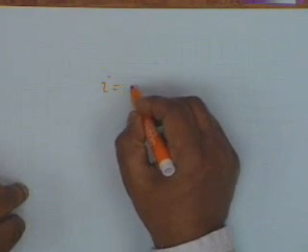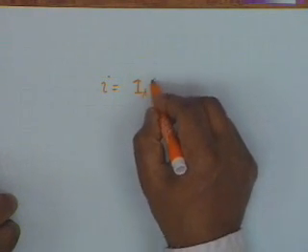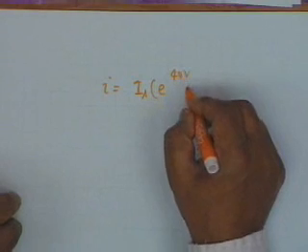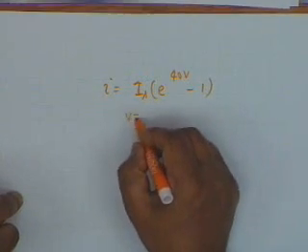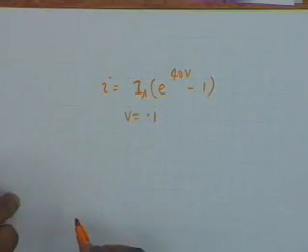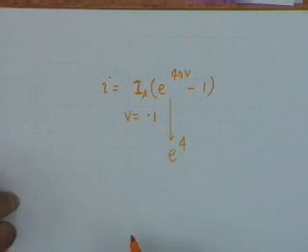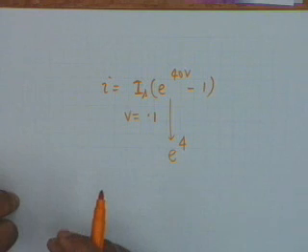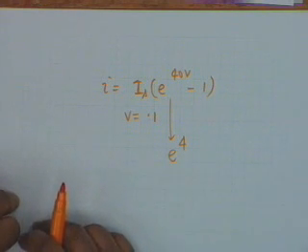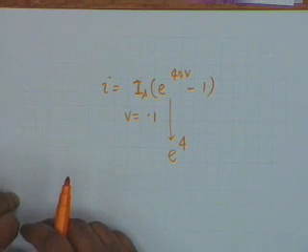On the other hand, if I take the same equation I equal to Is e to the power 40V minus 1, and I say V equal to 0.1, then you see this quantity becomes e to the power 4. The value of e is between 2 and 3. What is 2 to the 4? 16. And 3 to the 4? 81.